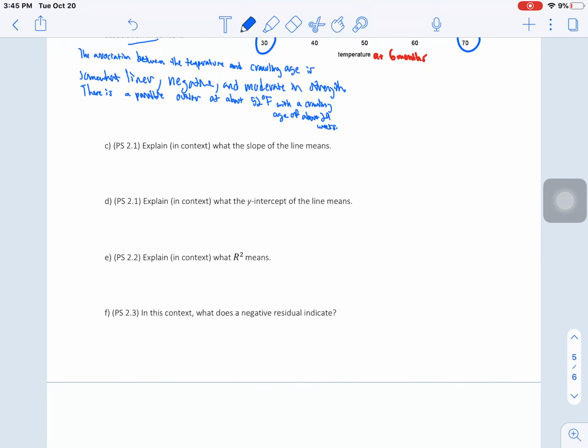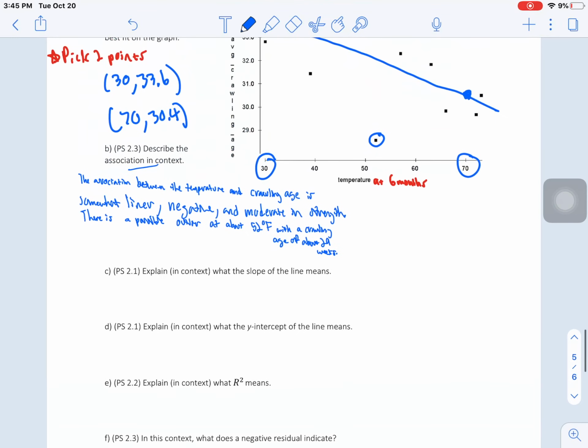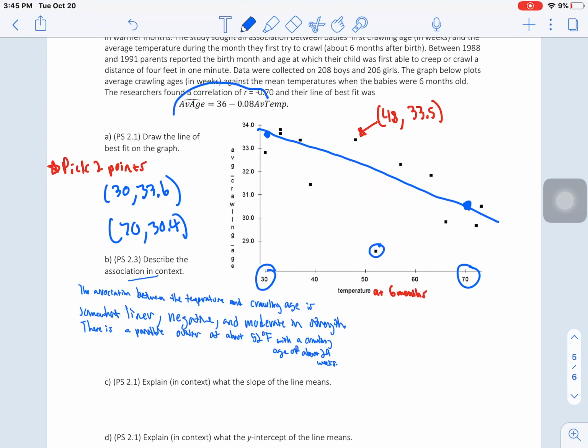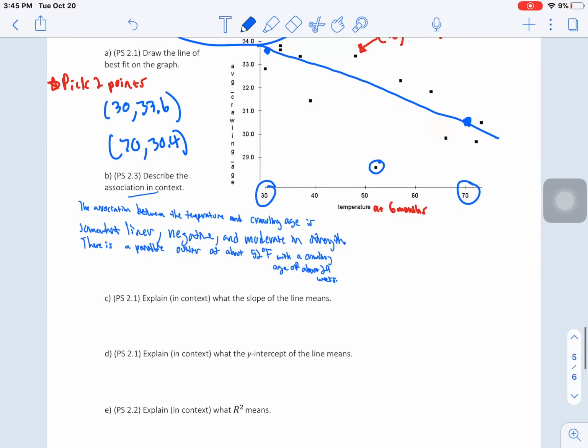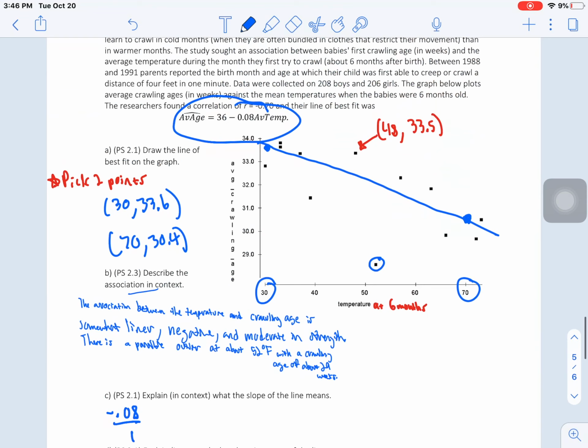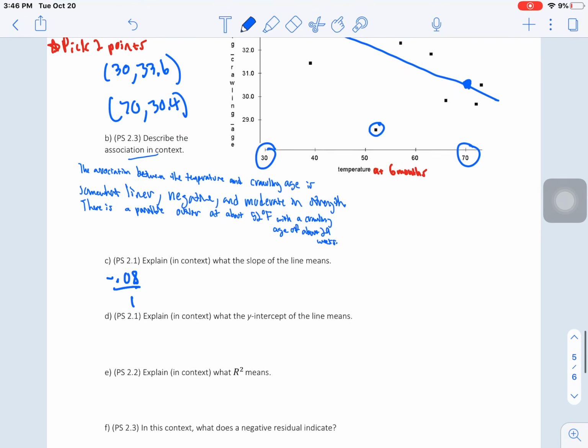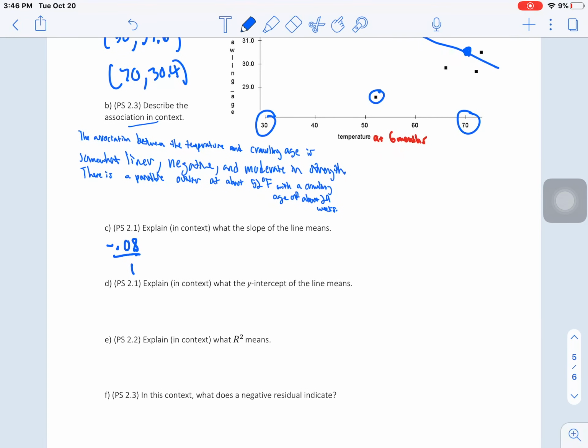All right, these next 4 are also pretty important. So explain in context what the slope means. Looking at our equation up top, we have the slope as negative 0.08 over 1. Now, in context, what does this mean? Very important that we say according to the model.